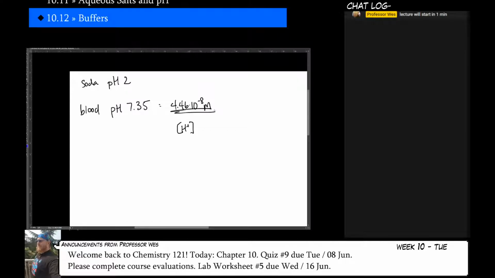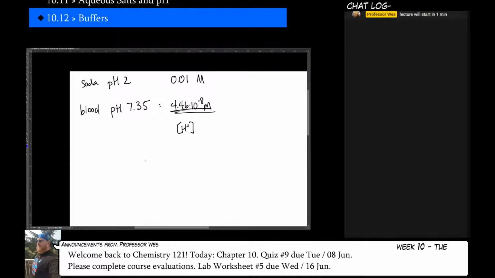How much acid is in your blood? How much acid would be in something that was pH 2? Well, it'd be 10 to the negative pH, or negative 2, which is this. There's quite a difference between those two, right?